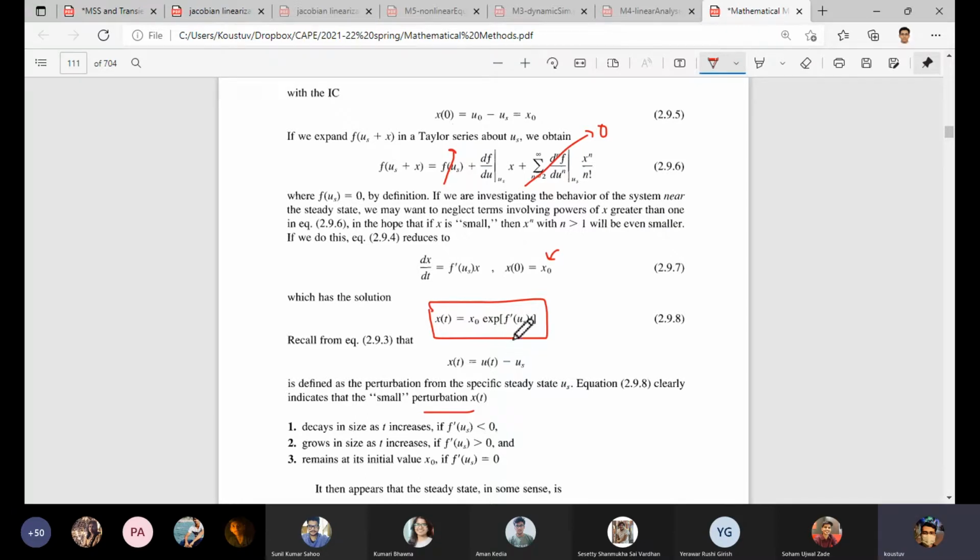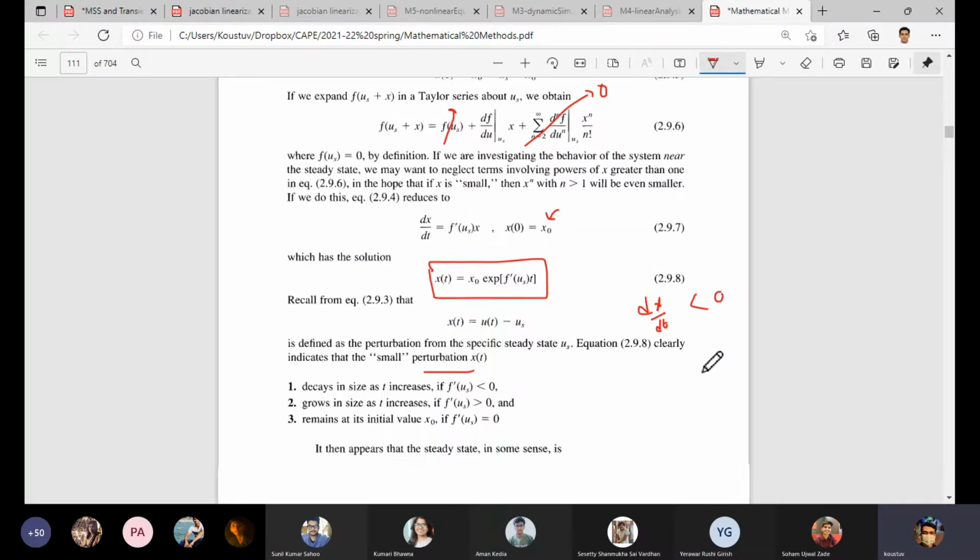That means dx/dt is negative, so we can conclude that as time increases, x decreases. That means x will lower down, it will fall back. The deviations, the differences will come down and close to 0.